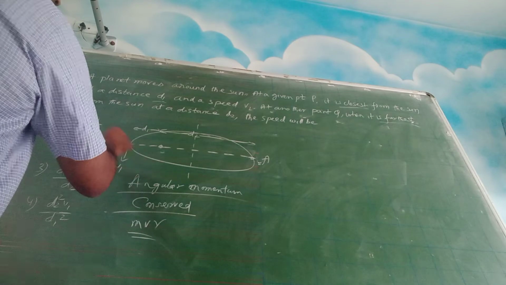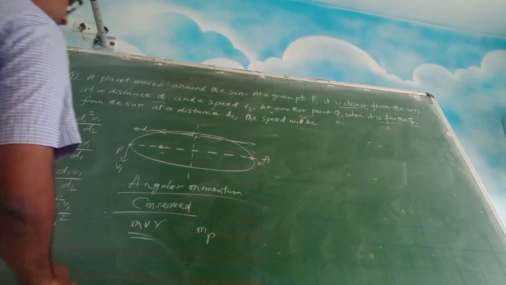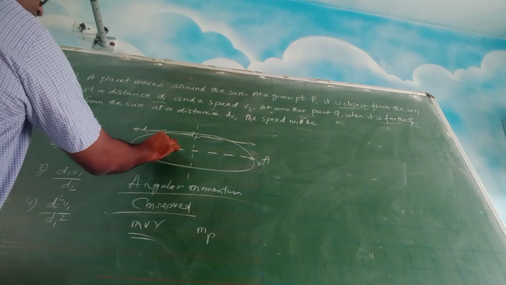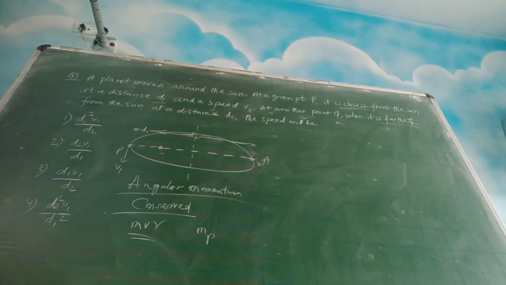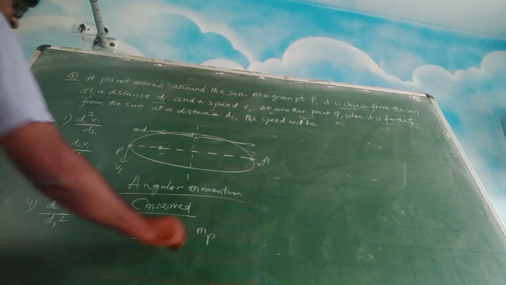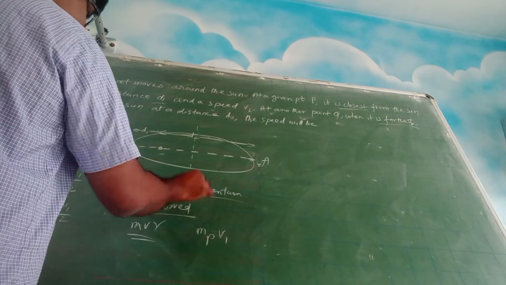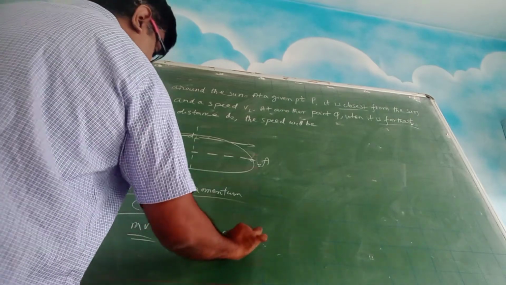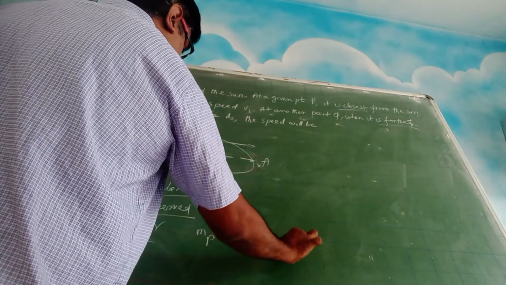So we have to write here the mass of the planet, let us say mp, and about this point you are taking, because the distances are given with respect to the foci. Okay, so mp into velocity v1 into distance d1 is equal to mp v2 d2.